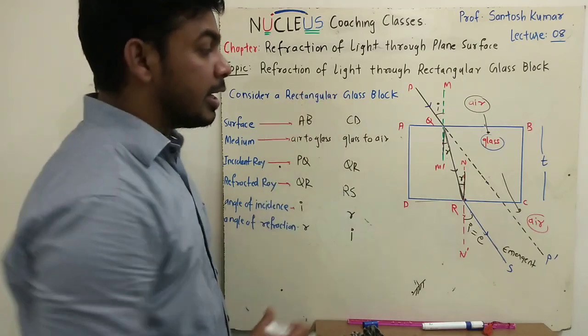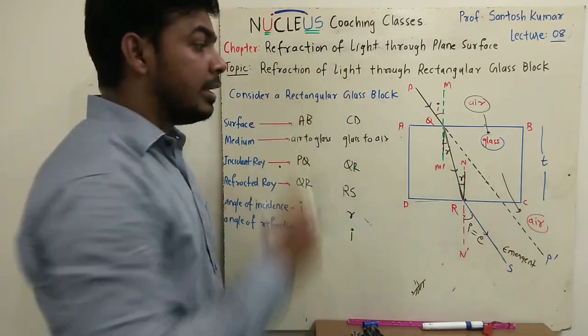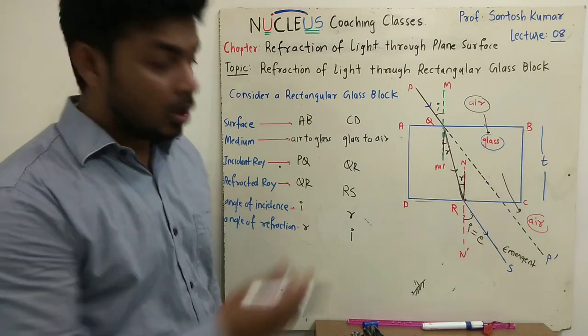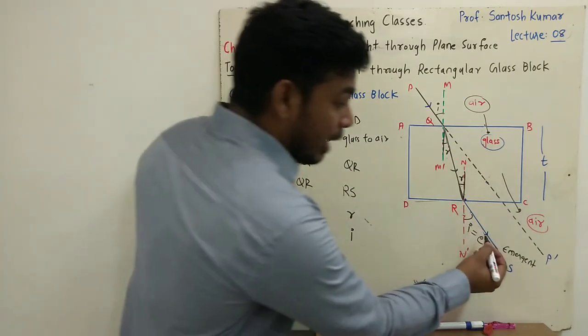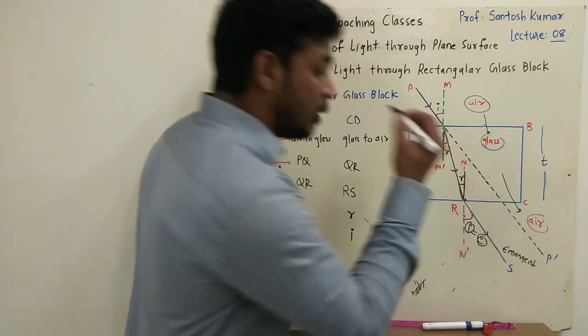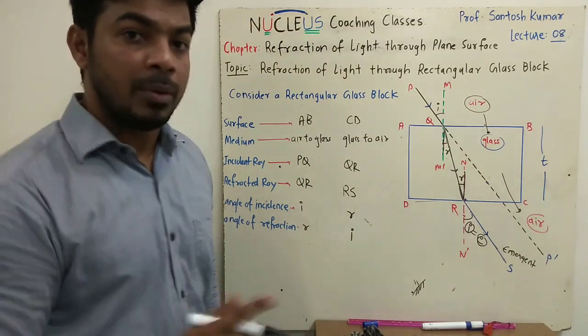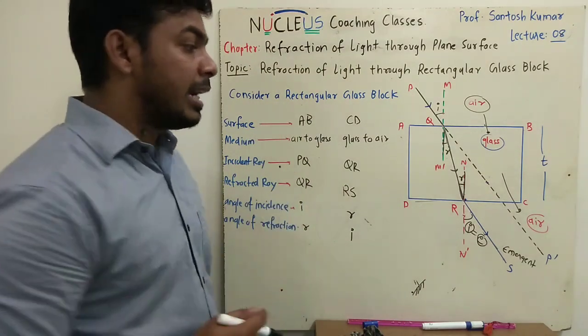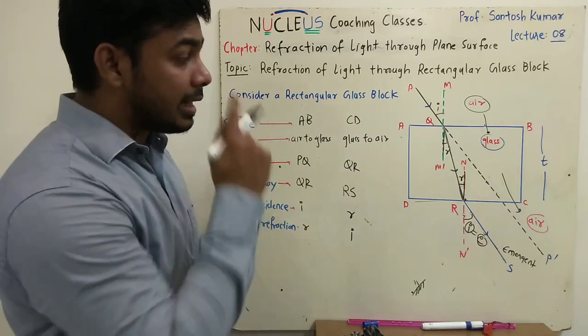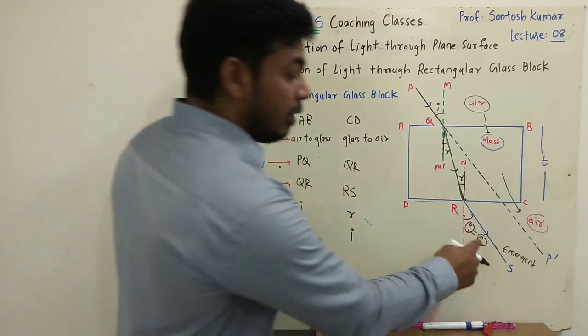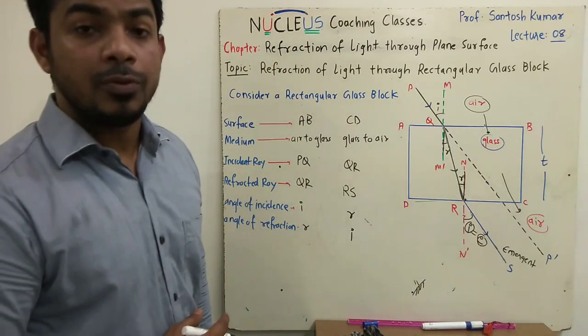That means whenever a ray of light passes obliquely through a rectangular glass block, what do we conclude? That angle of emergence is equal to angle of incidence. You have to remember this. Whenever a ray of light passes obliquely through a rectangular glass slab, angle of emergence is equal to angle of incidence.